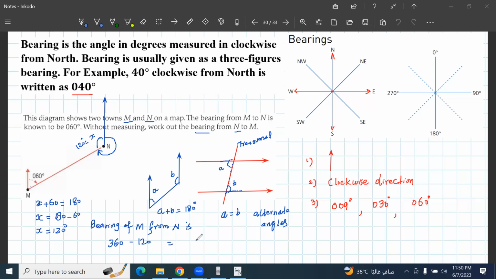That gives us 6 minus 2, 4, and 3 minus 1, 2. 240. So this is our bearing. You can say that 240.